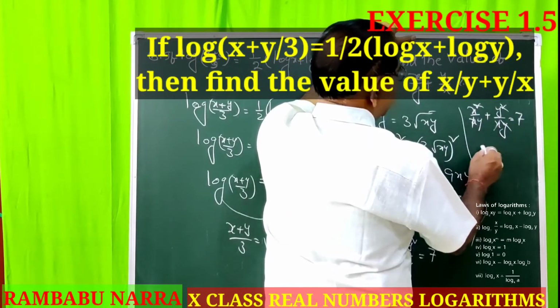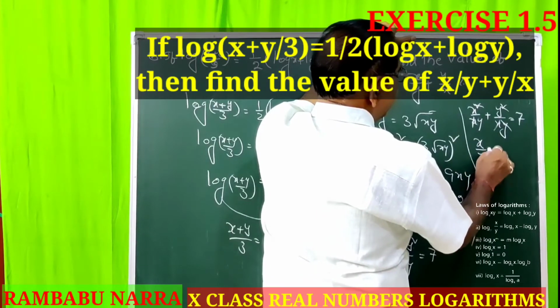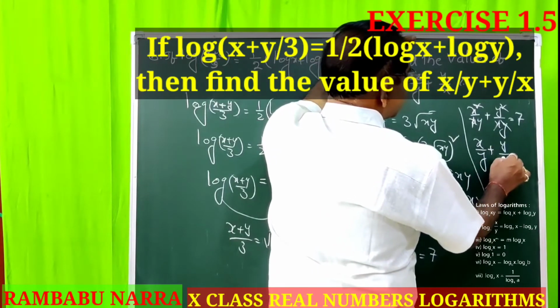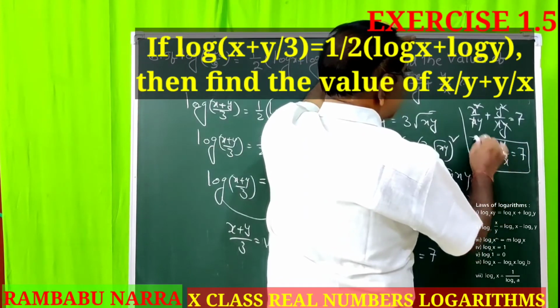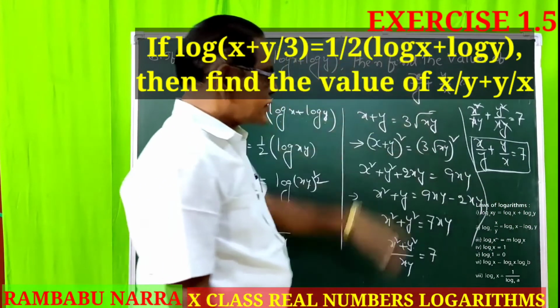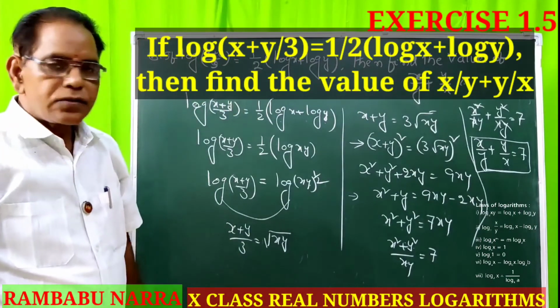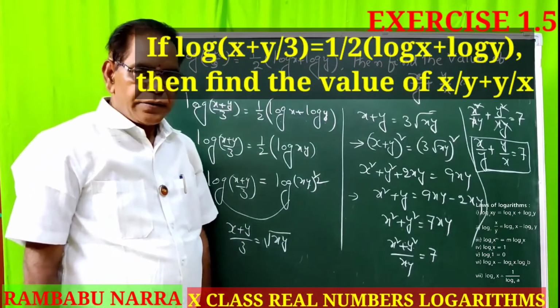X cancels, y cancels: x by y plus y by x equal to 7. Hence, the value of x by y plus y by x equals 7.